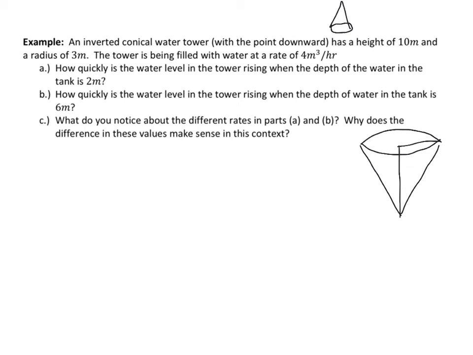Okay, so you've got this conical water tower that has a height of 10 meters, and it's got a radius of 3 meters. And it says that the tower is being filled with water, so you've got this water level, and the water is being poured into this thing at a rate of 4 cubic meters per hour. And so this rate would be dV/dt.